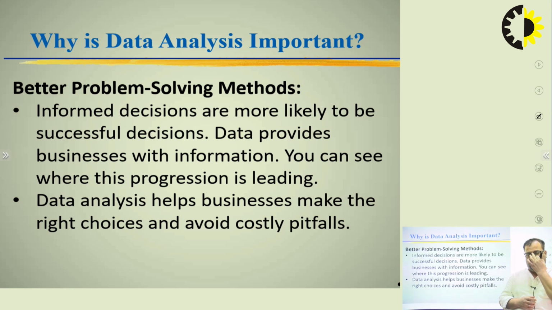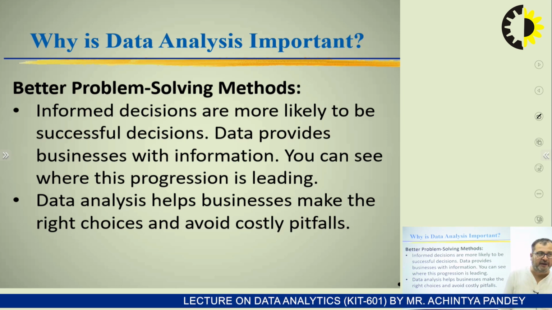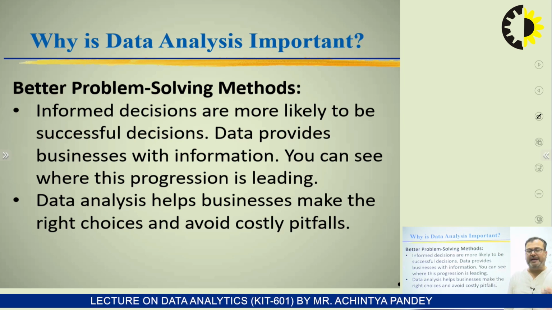Whatever informed decisions we get are more likely to be successful, the hit ratio of prediction is going to be better. Data provides businesses with information, so you can see where things are progressing and leading. Data analysis helps businesses make the right choice and avoid costly pitfalls.